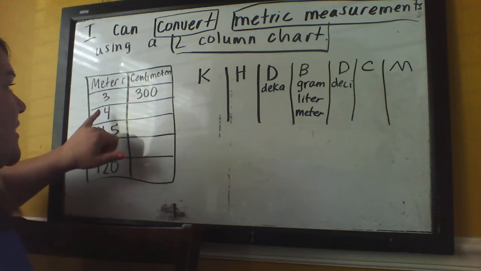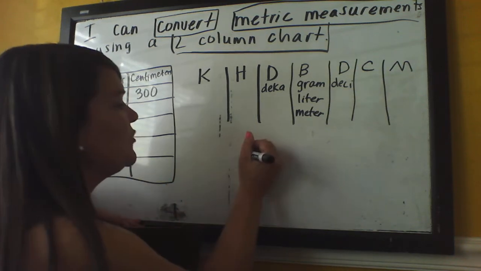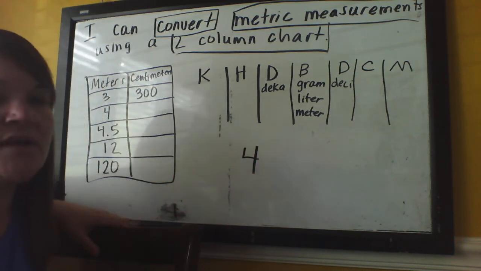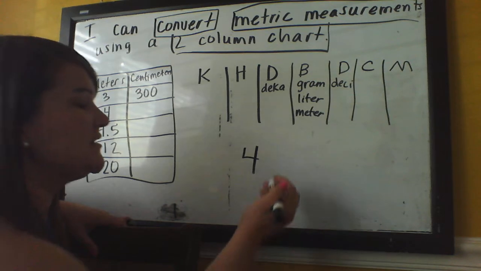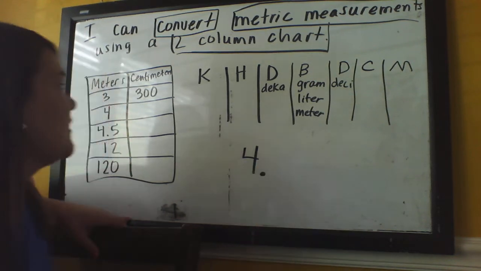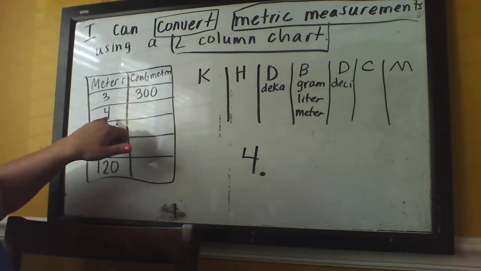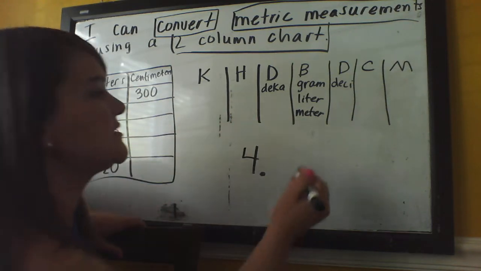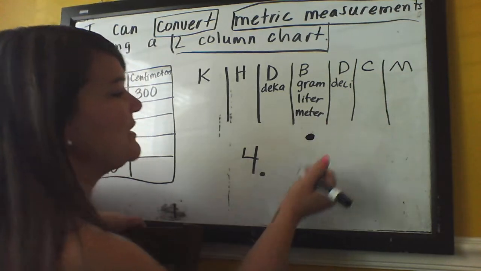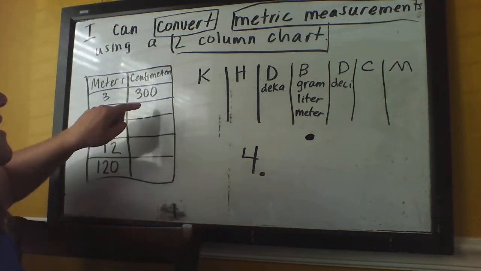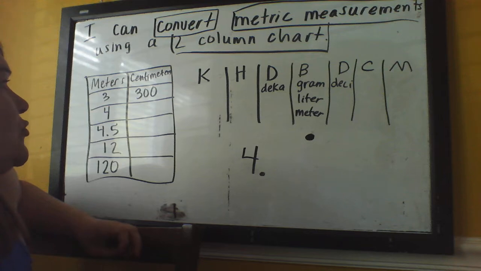I'm going to erase this and erase my number, and now the next number in my two-column chart is 4. So I'm going to write my 4. Since 4 is a whole number, the decimal goes at the end, but I am still going from meters to centimeters. I figure out where's meters. It's at my base, so I'm going to put a dot here at my base because that's where I'm starting, and I'm still going to centimeters.